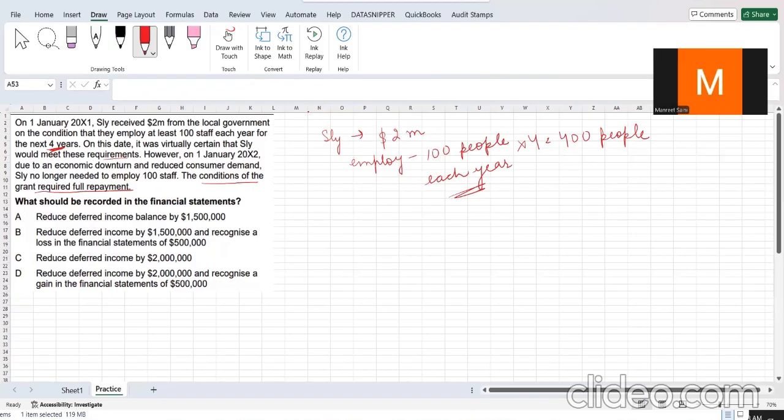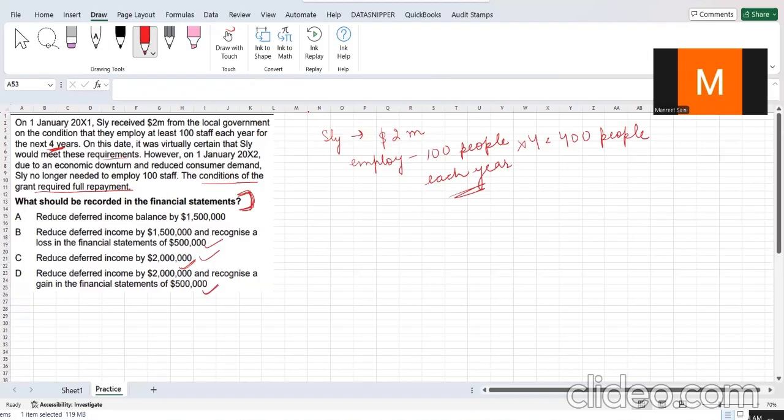Okay. So we have like four options here. These are MCQs, right? So the first option is reduce the deferred income balance by 1.5 million, and recognize a loss of 500,000, reduce deferred income by 2 million, or reduce deferred income by 2 million and recognize a gain in financials for 500,000, right?